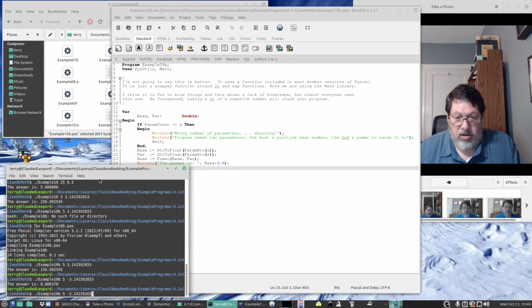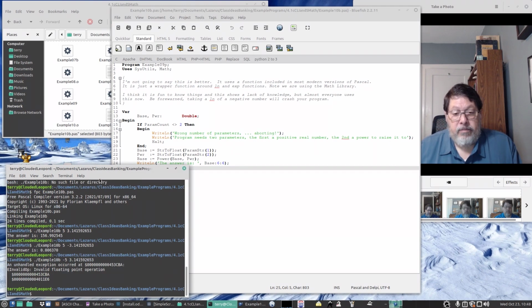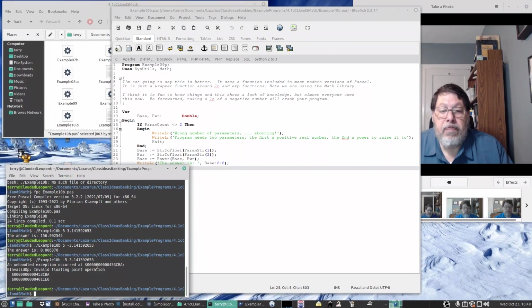Oh, I did that wrong. I tried to take the log of a negative value, and logarithms have to be, when you take a log of something, it has to be a positive value.